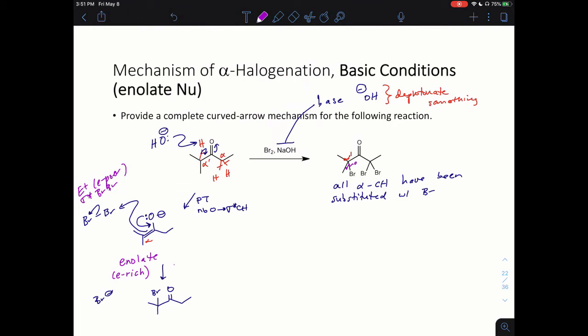So this is an SN2 reaction. And bromide is a leaving group. And so here we have this alpha bromoketone, the substitution product.